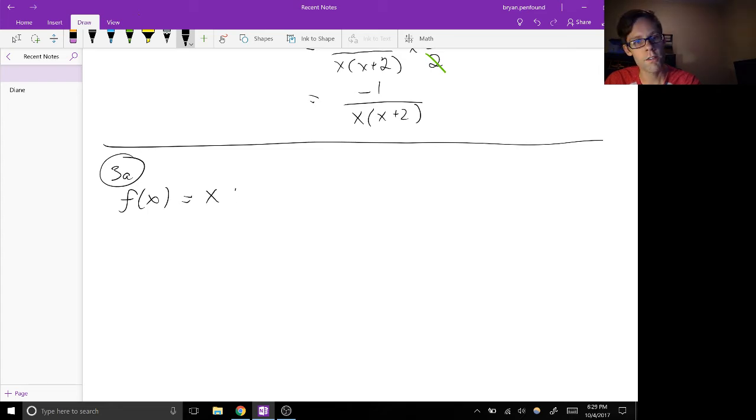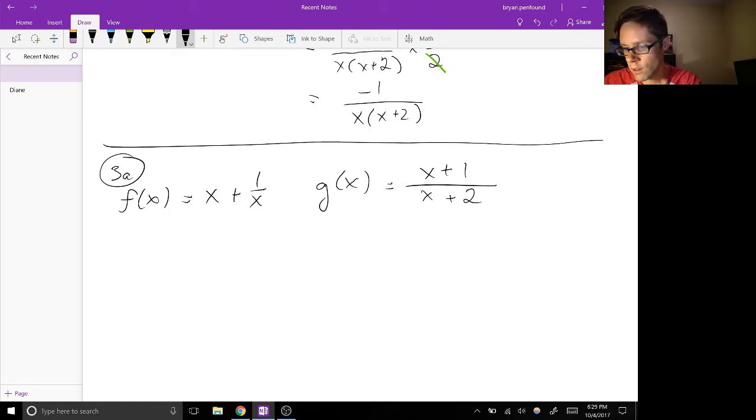So let's say I have a function f, and I have a function g. We would like to find the composite function and then simplify as much as we can. So let's look for f composed with g.